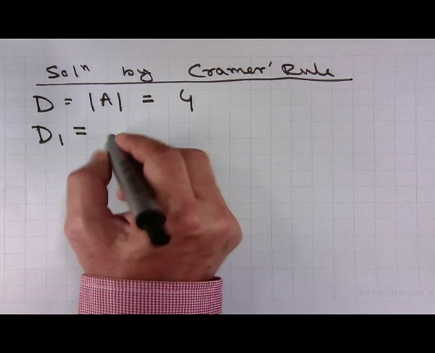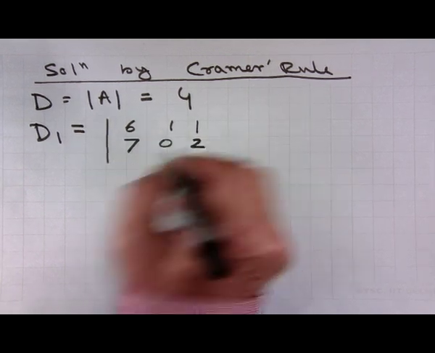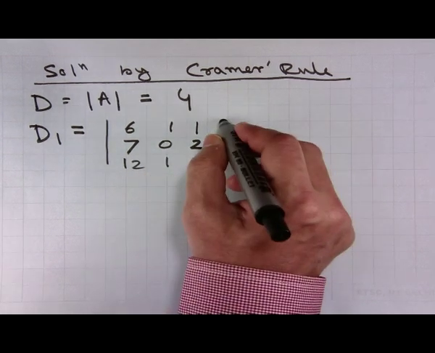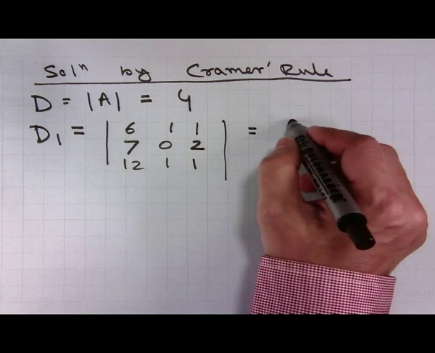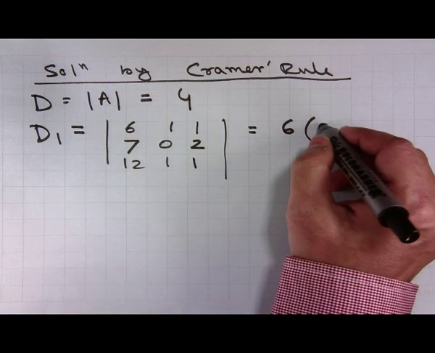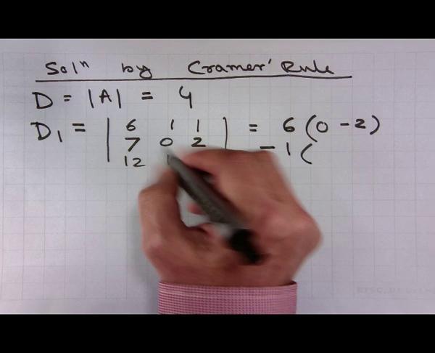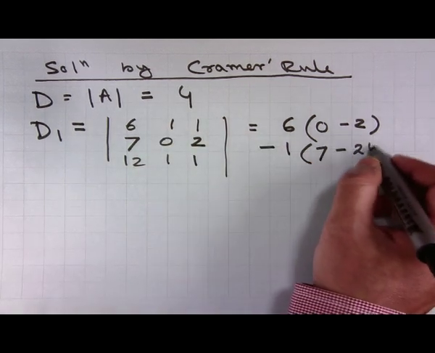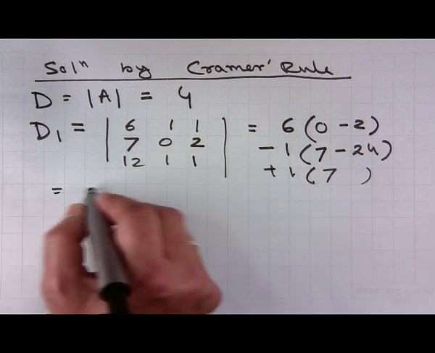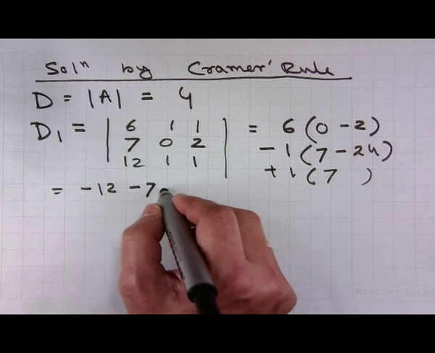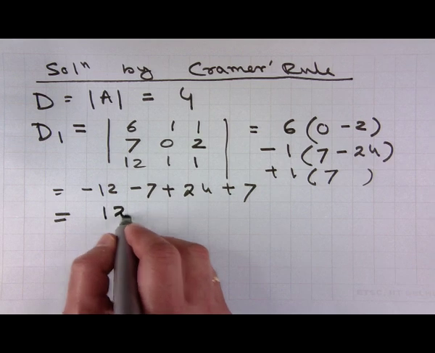D1 is equal to determinant of 6 1 1, 7 0 2, 12 1 1, which is equal to 6 into (0 minus 2) minus 1 into (7 minus 24) plus 1 into 7, which is equal to minus 12 minus 7 plus 24 plus 7, which is equal to 12.